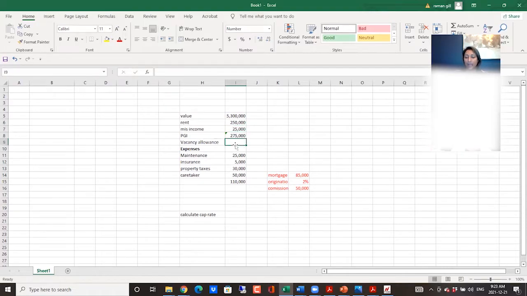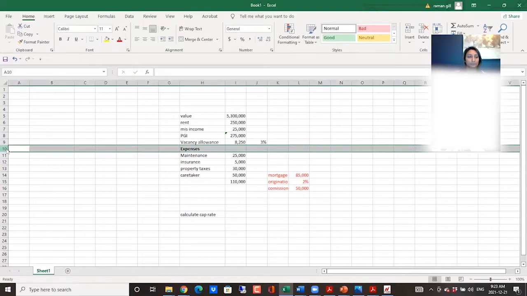Then we will add 3% as our vacancy allowance. So we take 3% of total income here. 275,000 times 3% would be our vacancy allowance, which is 8,250.